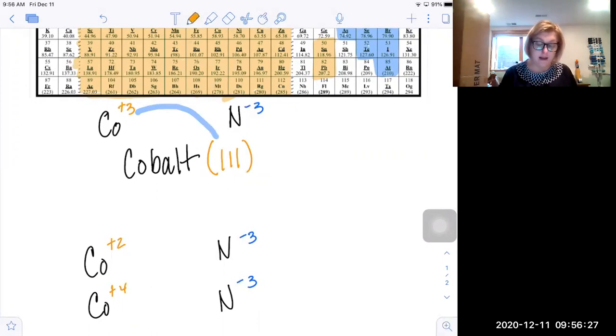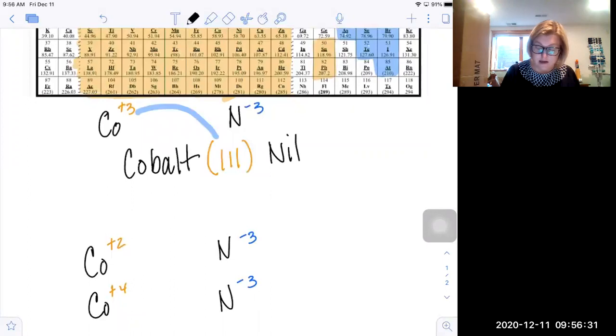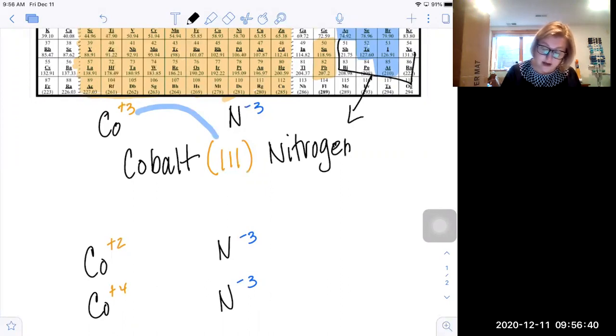Then I would move on and say nitrogen. But we know all of these elements get the ending changed to IDE. So it's not going to be nitrogen, it's going to be nitride. So cobalt(III) nitride.